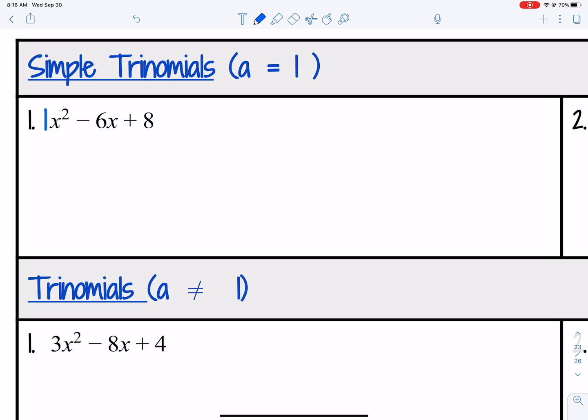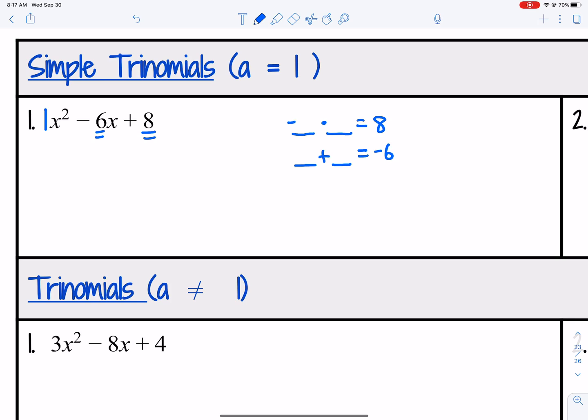So what you want to do is take the c value, so the 8, and find factors that will multiply to give you 8. And they'll also add to give you the middle term, the b value, which is -6 in this case. So we need to multiply to get 8 and add up to -6.